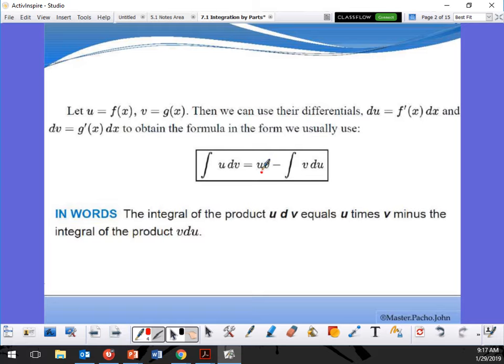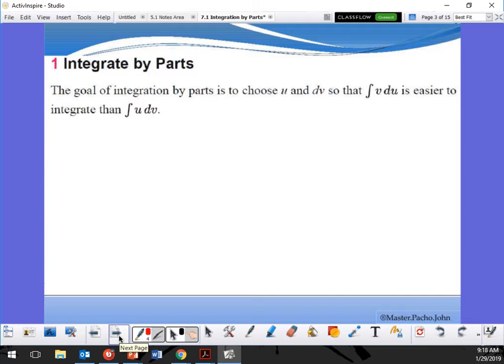So I have uv minus the integral of v du. The integral of u dv is equal to u times v minus the integral of v du.